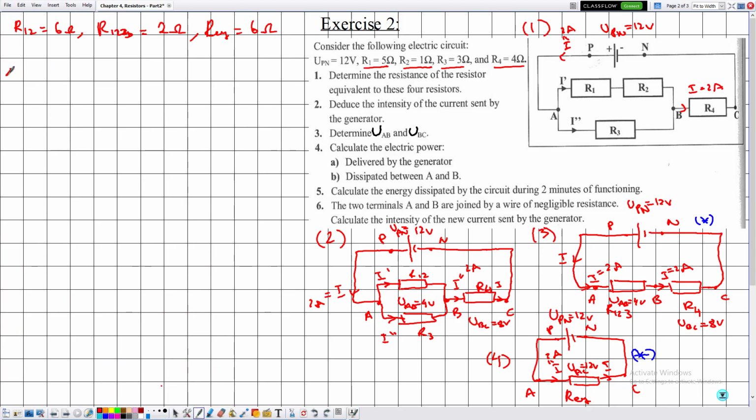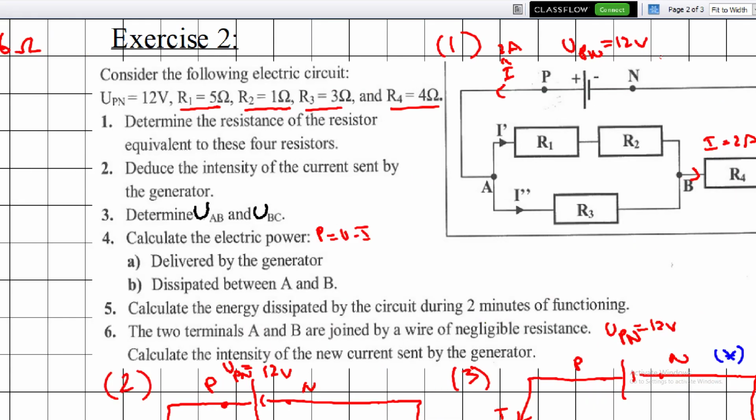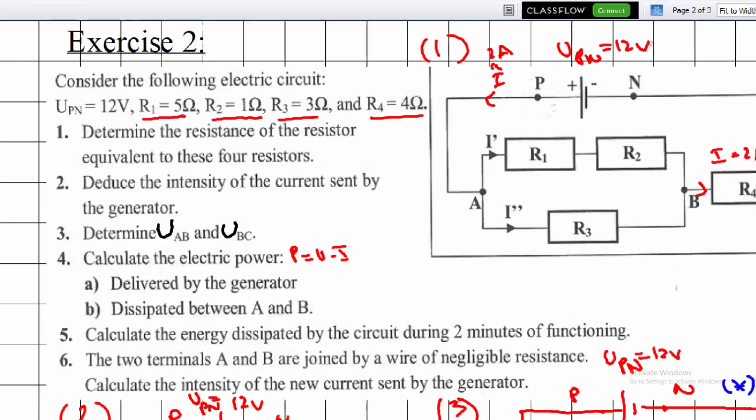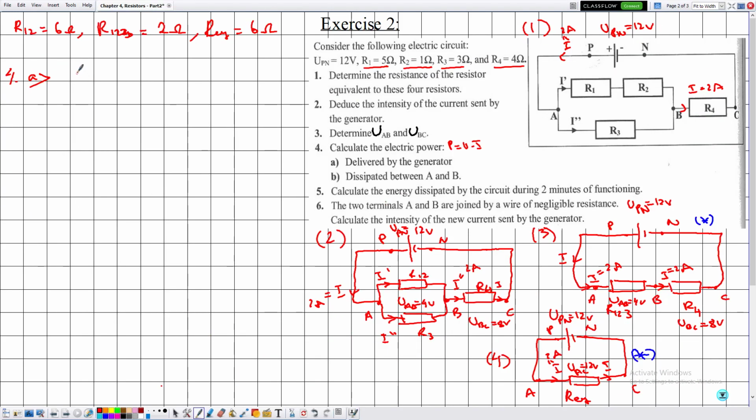Now in number 4 they are telling me to calculate the power delivered by the generator G, and the power is given by P is equal to U multiplied by I, and this is not governed by any law. The generator we can refer to in any electric circuit. So the generator has a voltage UPN traversed by current I. The value of U is 12 and the value of the current is 2, so this is 24.